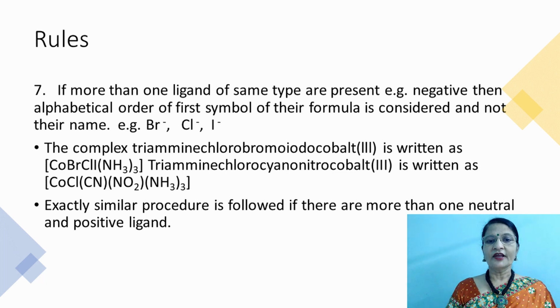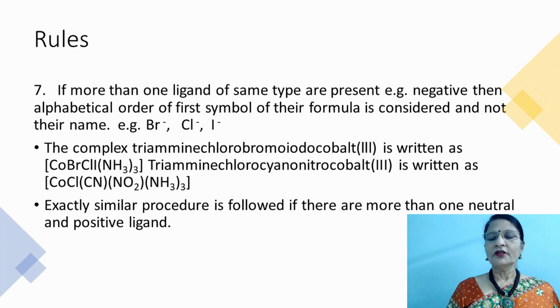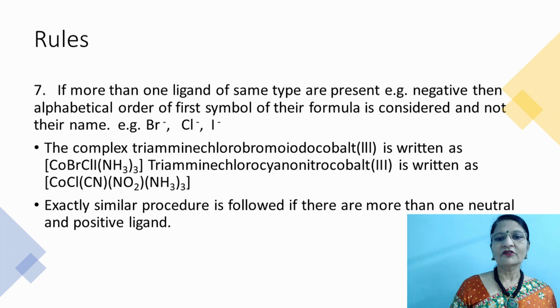In this case, in the negative ligands, there are three: Br minus, Cl minus, I minus. Then the sequence is decided in alphabetical manner. That means Br comes first, then Cl, then I, followed by the neutral ligand (NH3)3. In this way, the formula of this complex is written.